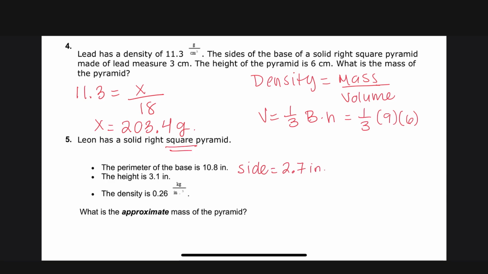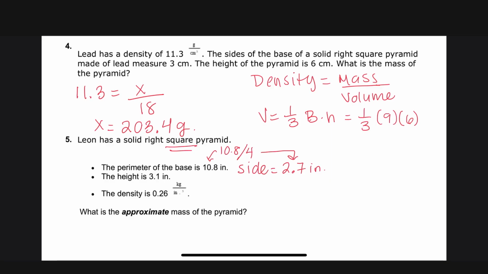I just divided that by 4 because there's 4 sides in a square. And then it gives us the density is 0.26 kilograms per inches cubed.